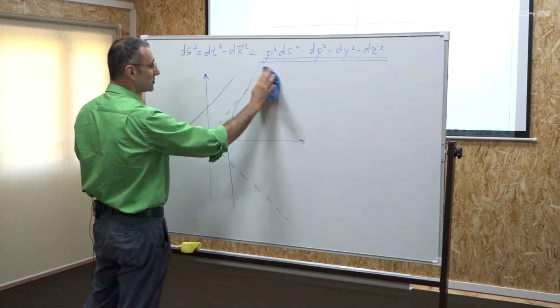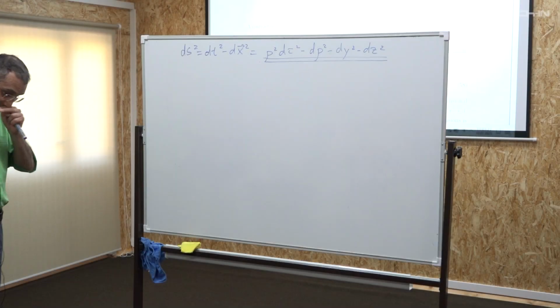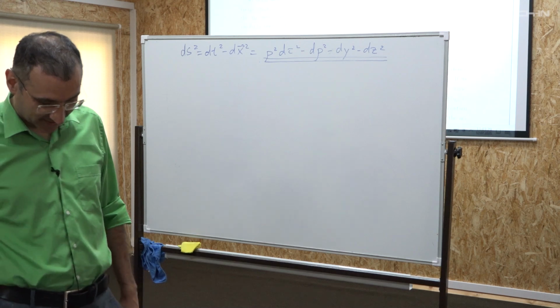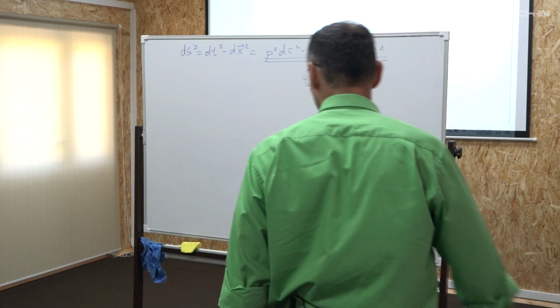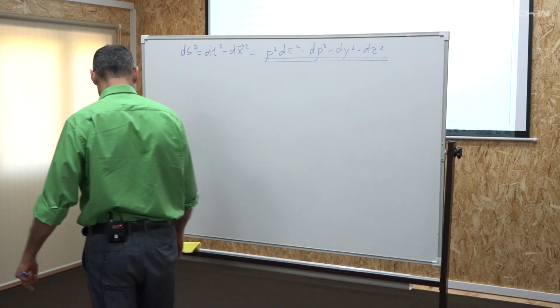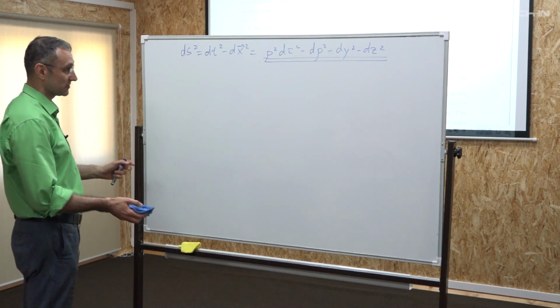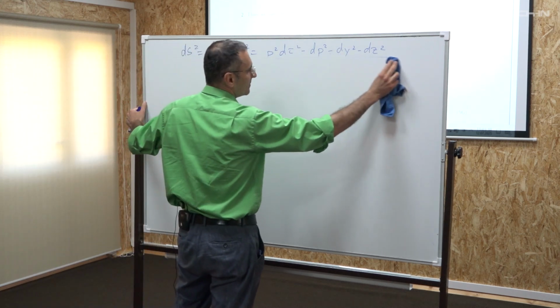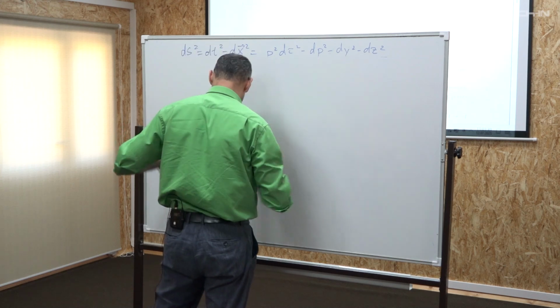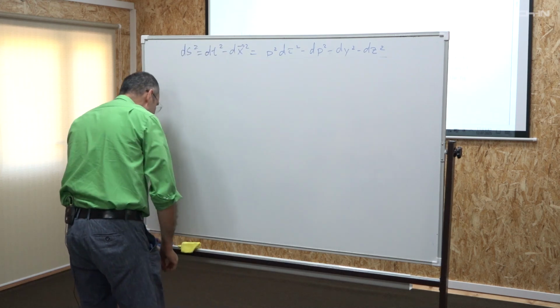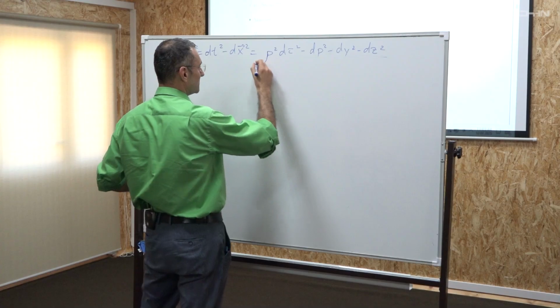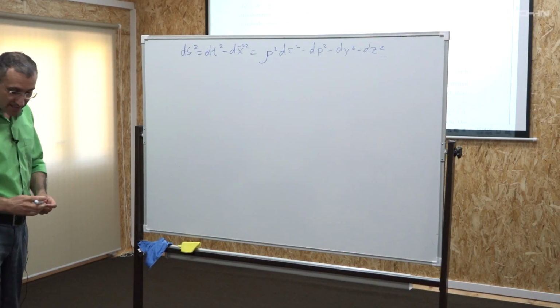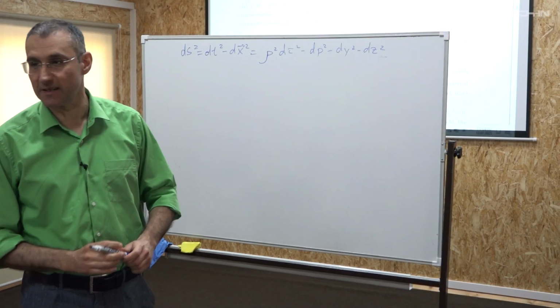Now I am transferring to another subject. So I will describe to you Penrose diagrams, because they are important to describe properties of the black holes. Or not only of the black holes, but also of other space-times. Very convenient tool, Penrose diagrams. So the idea behind Penrose diagrams is very simple.